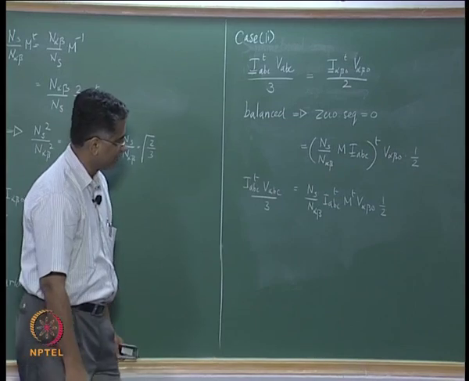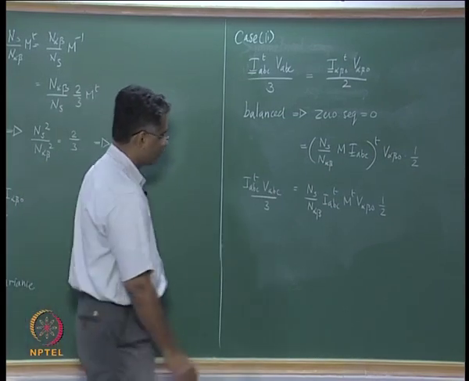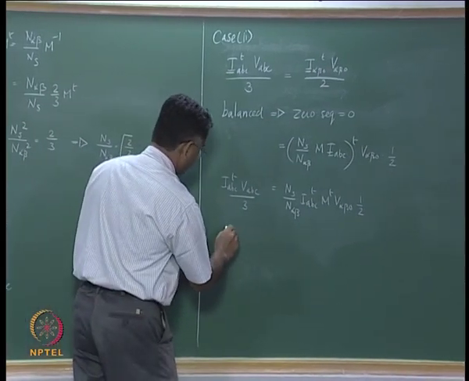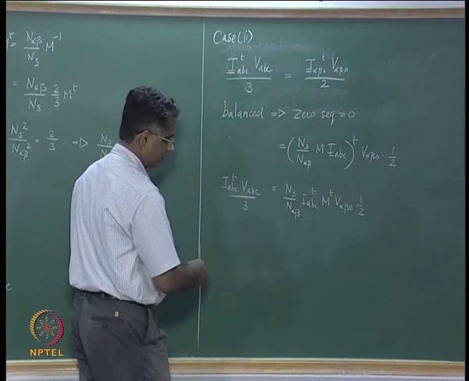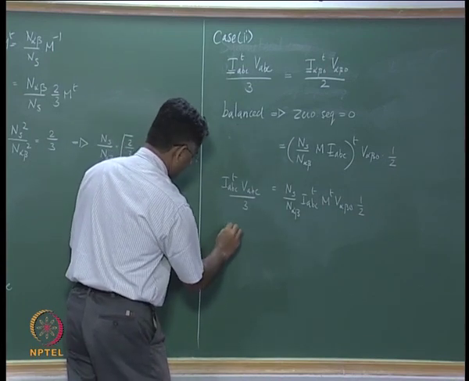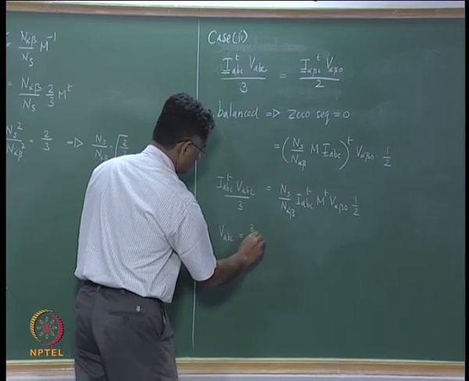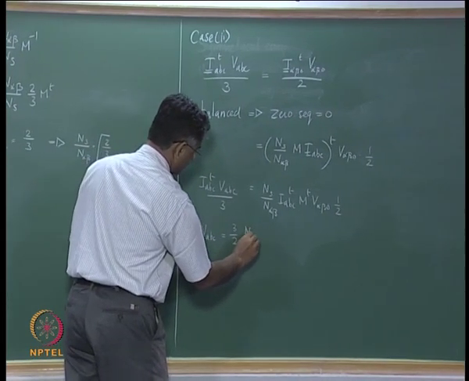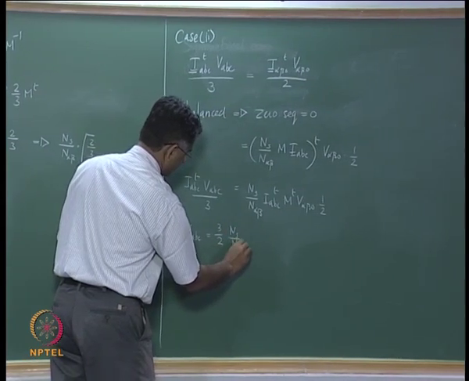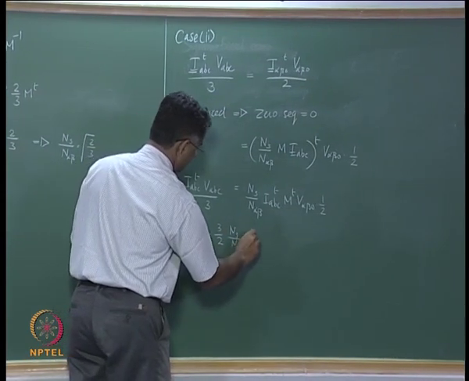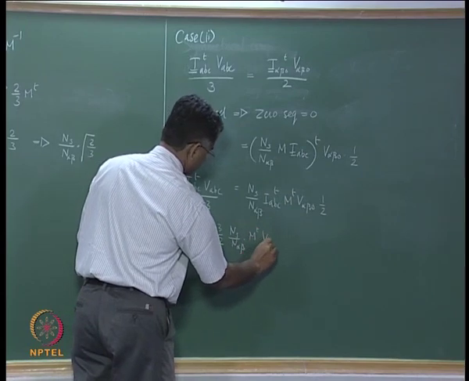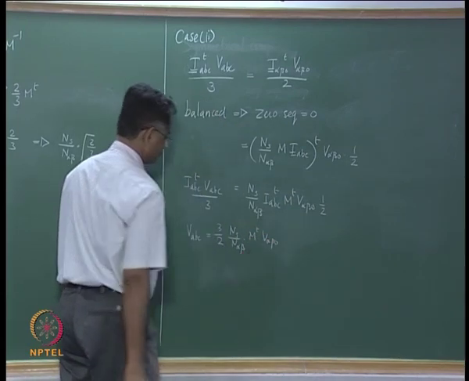And looking at this equation, we can therefore conclude that these two expressions will be identical if VABC is equal to 3 by 2 times ns by n alpha beta multiplied by m transpose into V alpha beta 0.